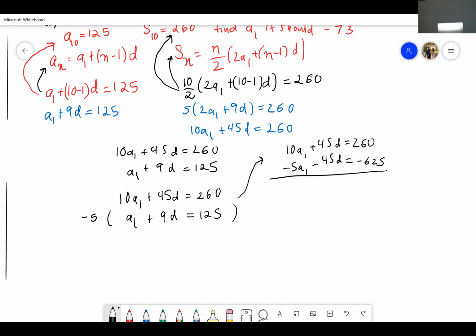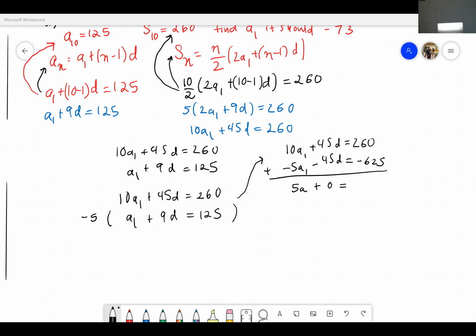And then you just add these. 10 plus -5 is 5a. 45d plus -45d, that's just plus 0. It cancels. And then you have negative 625 plus 260.